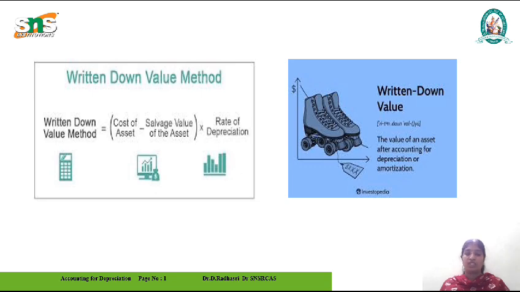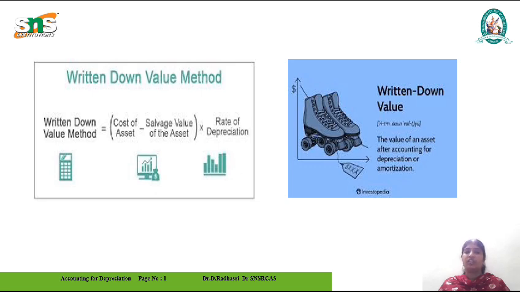The cost of the asset minus the salvage value of the asset, meaning the scrap value of the asset, is used to calculate the rate of depreciation. Under the reducing balance method, the value of an asset is taken after accounting for depreciation. When we are using the asset, depreciation automatically takes place.